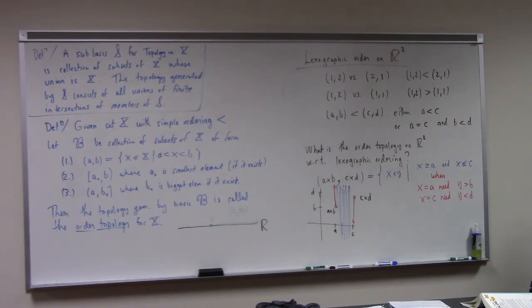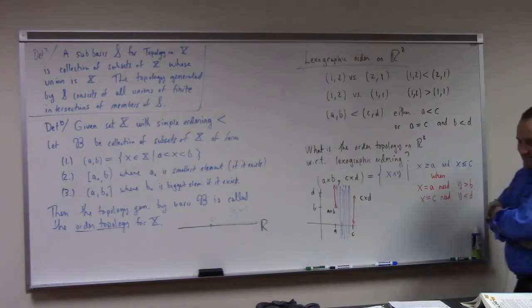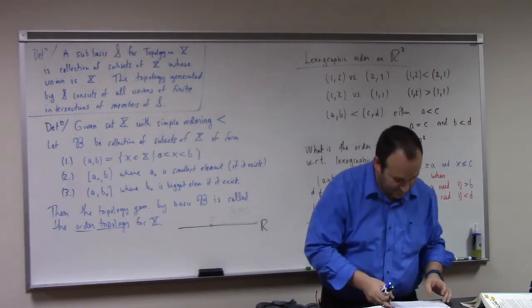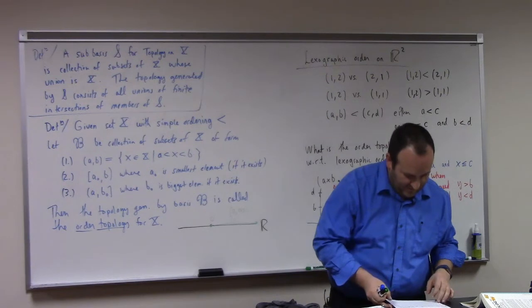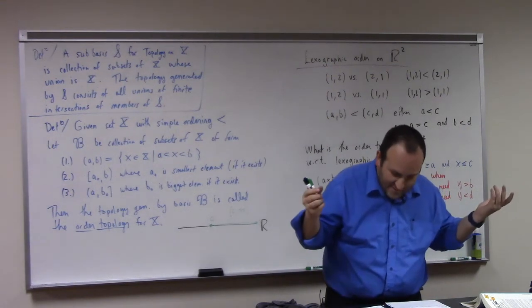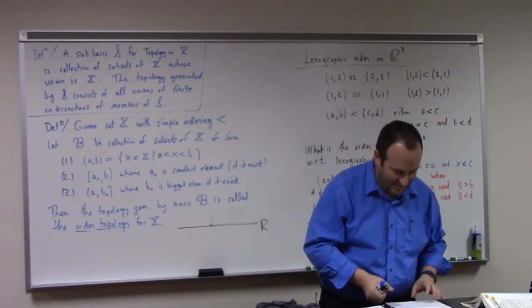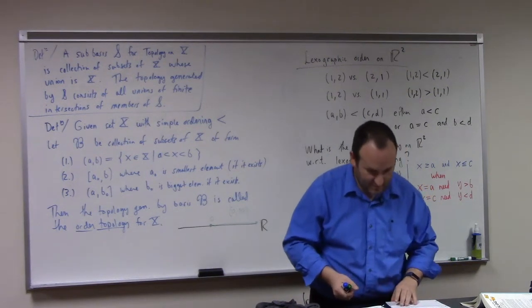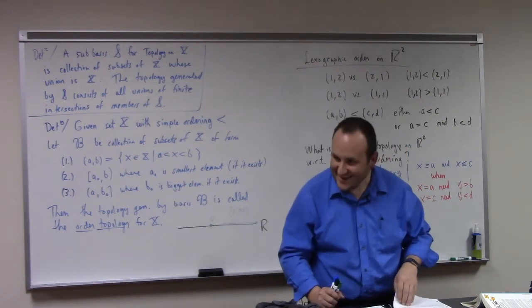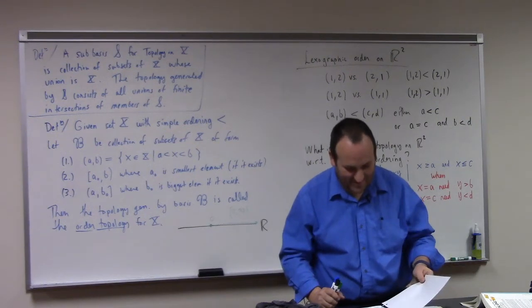I think this qualifies as a weird topology, right? Now, if you're asking me what the application is of this topology, I have no idea. I think the main application is to confuse topology students.